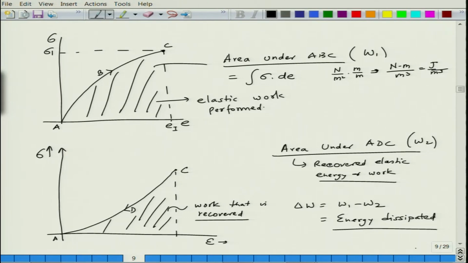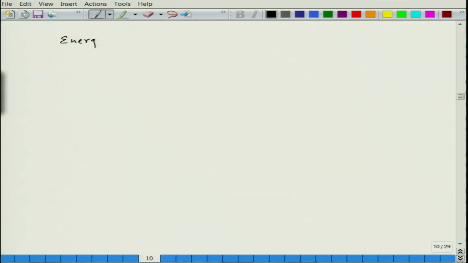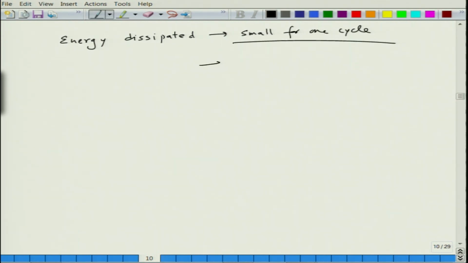Now, although this energy may sound very small for one cycle, it can increase to a substantial value for a large number of cycles.